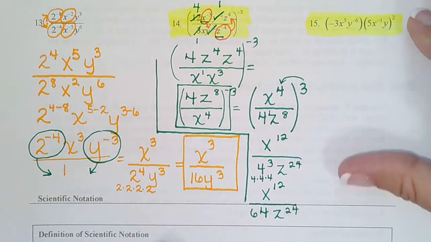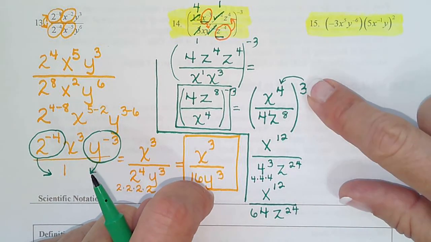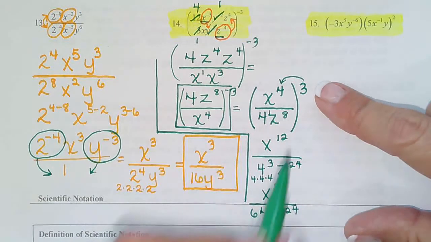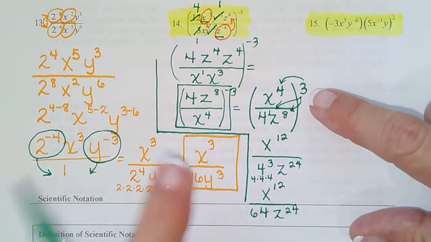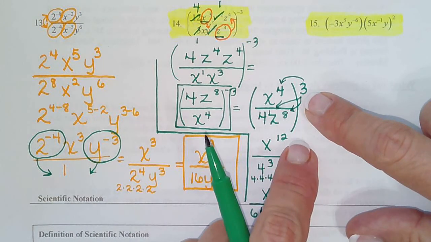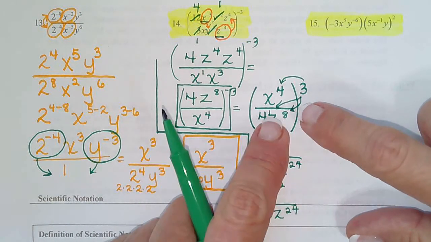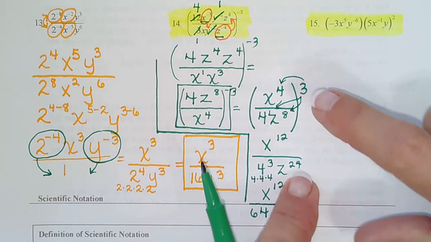So once we make the exponent positive by reciprocating the base, then we distribute that 3 to all the exponents that are inside. So 4 times 3, and remember the power rule says multiply the exponents, so 12, 1 times 3, 3, 8 times 3, 24.